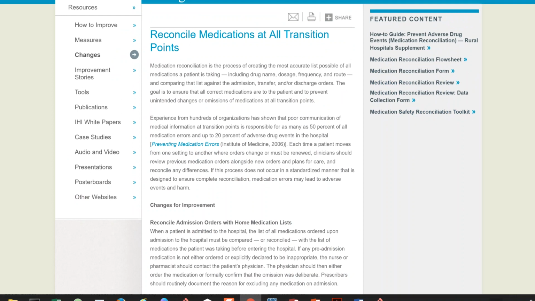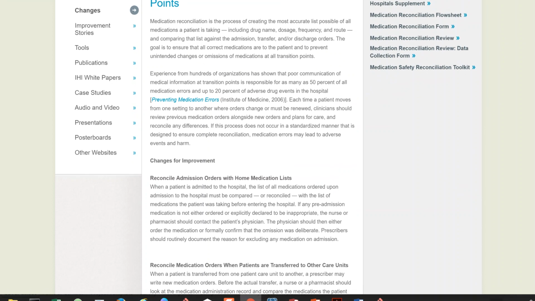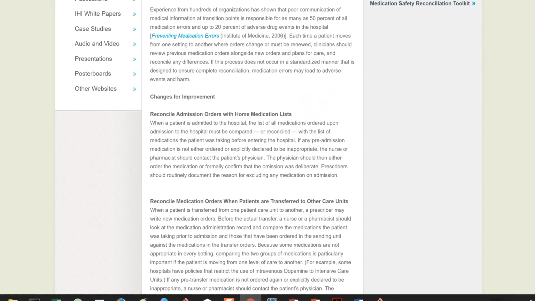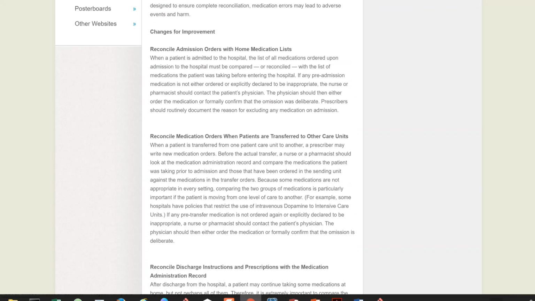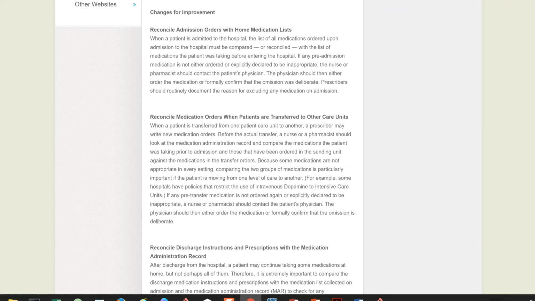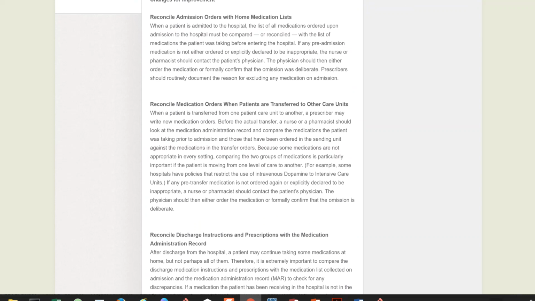So nurses are responsible for understanding what medications are appropriate at all transition points. So when we say transition points, we mean upon admission to the hospital, upon transfer to the ICU, upon transfer to any specialty care area for any procedures or diagnostics or any surgical interventions, and alternate levels of care.